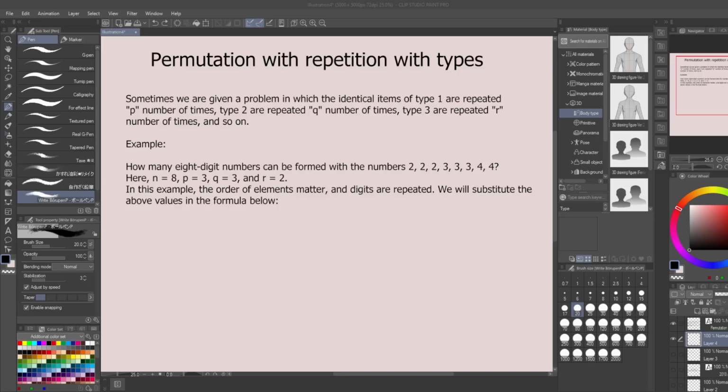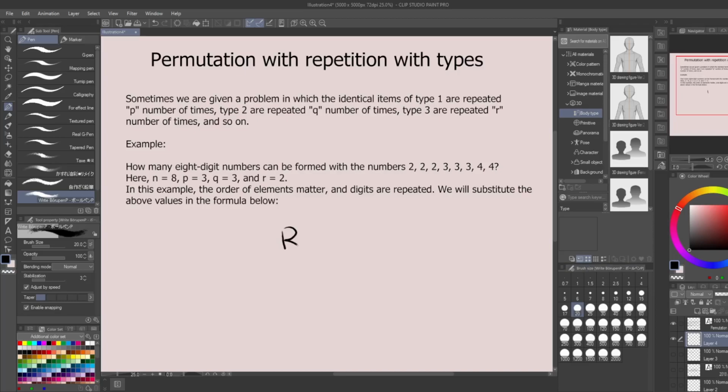In this example, the order of elements matters, and some digits are repeated. So we can plug the values above into the formula below.